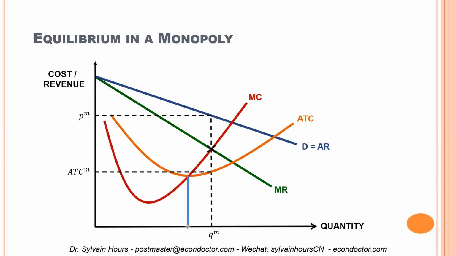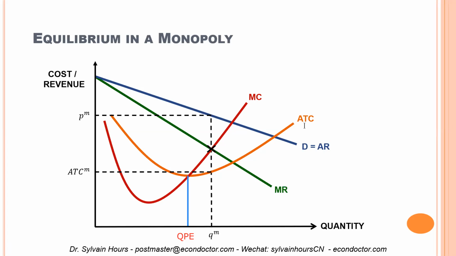And you see that the quantity at which the ATC curve is minimum is this one, QPE. But we do not produce this quantity. We produce a level of output that is greater than QPE. This quantity QM does not minimize the ATC curve. And as a result, we can conclude that we do not achieve productive efficiency.